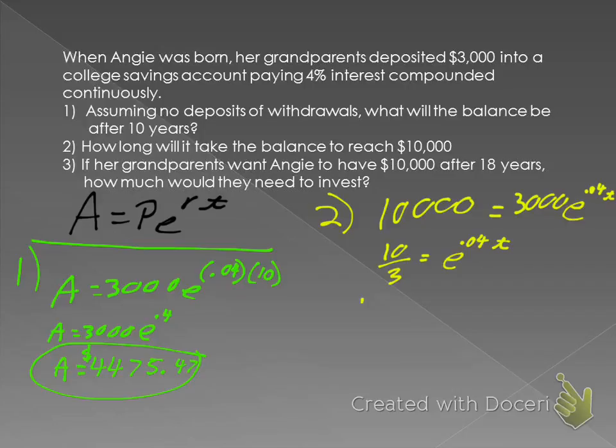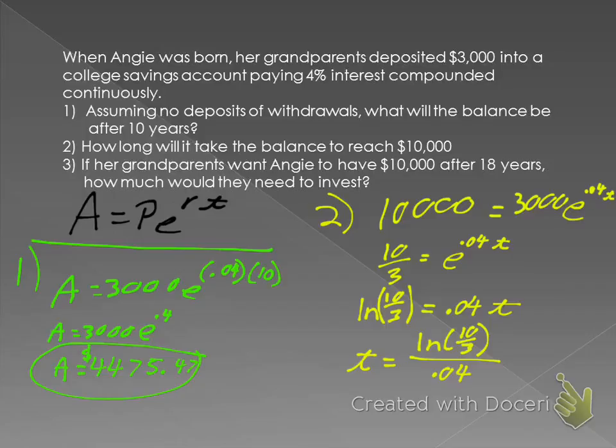Natural log of 10/3, all inside the natural log's parentheses, equals, natural log and E cancel out, so 0.04 T. Bring that exponent down. So now you divide by 0.04. So T equals the natural log of 10/3, all divided by 0.04.